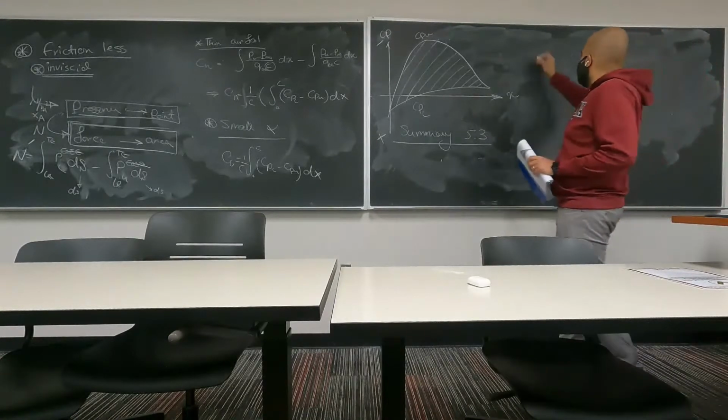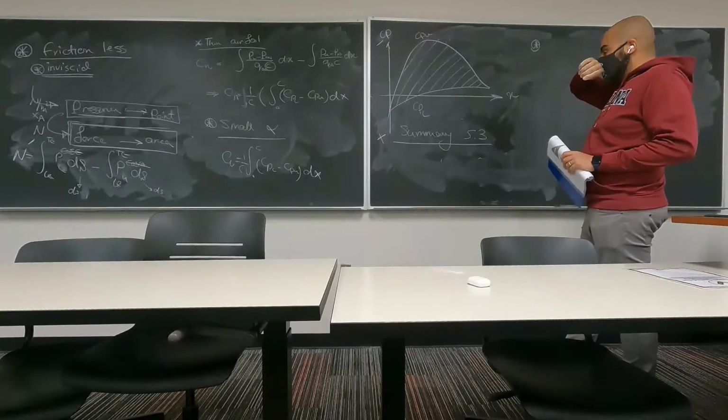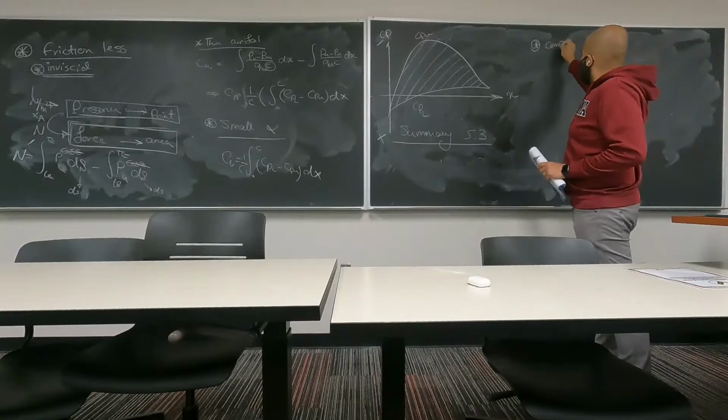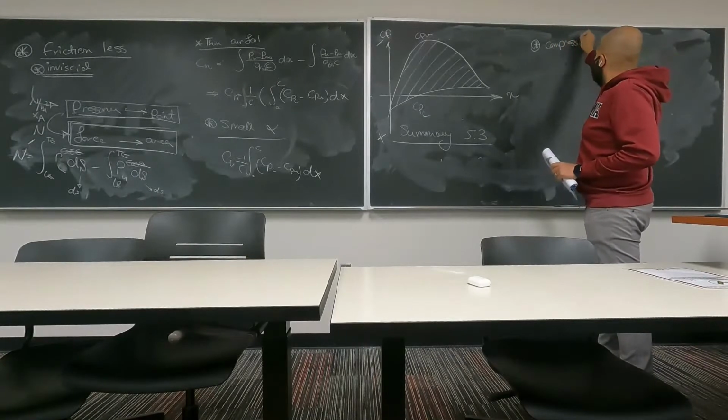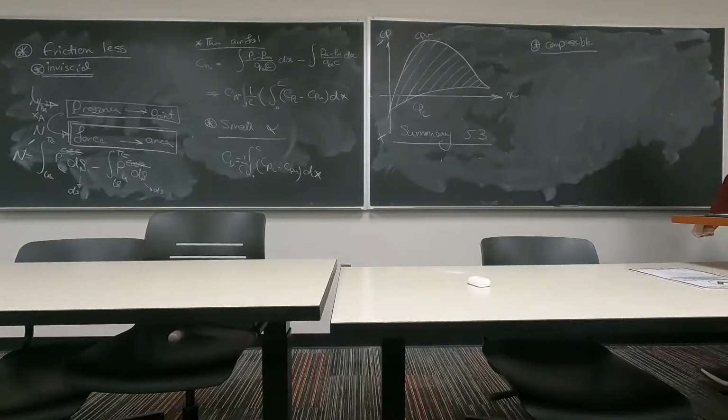But what will happen to our formulation if we cannot assume the flow is incompressible? So what will happen to our case when the Mach number is larger than what? 0.3.